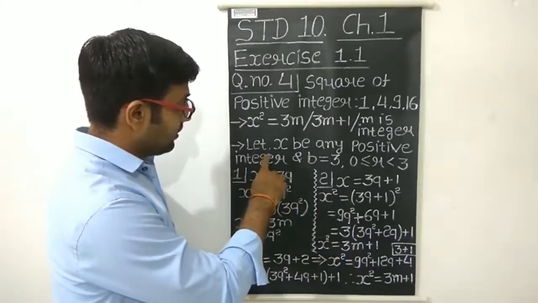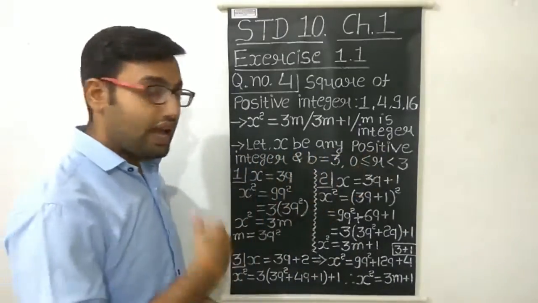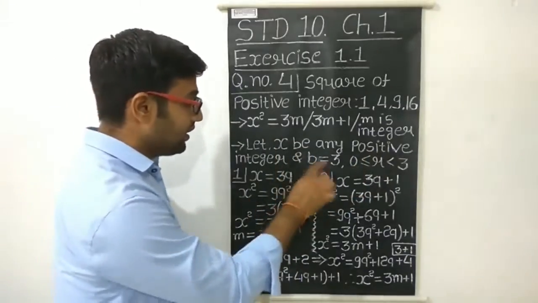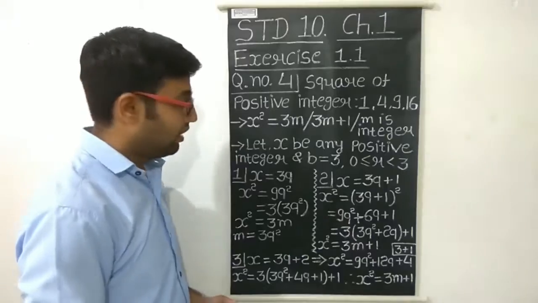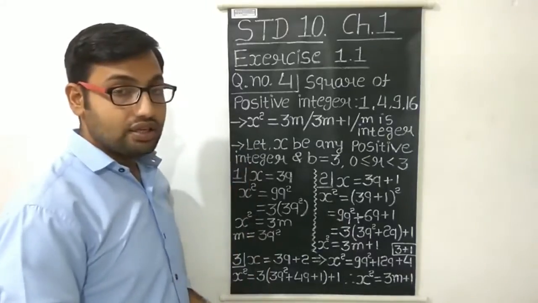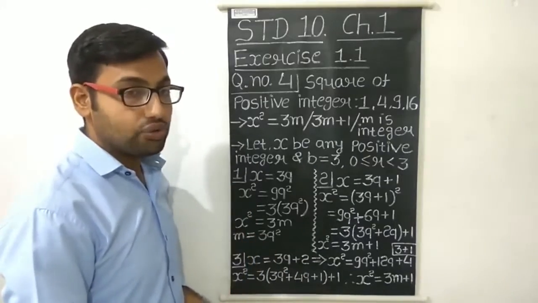So let x be any positive integer and b is equal to 3. Now what is b? b is the second integer that is stated in Euclid's division lemma.